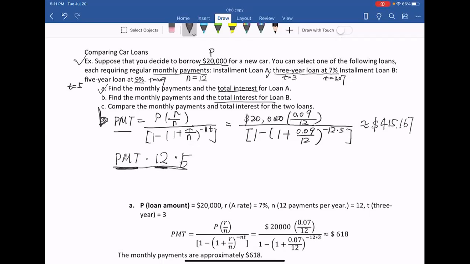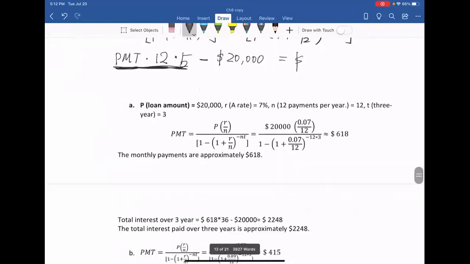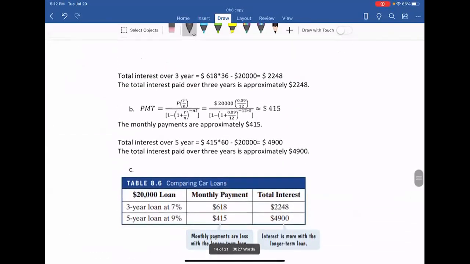So use this amount of money, subtract the loan you borrowed, 20,000, and then you get the interest amount. I showed the procedures here. So when you get your result, compare with the answer here.